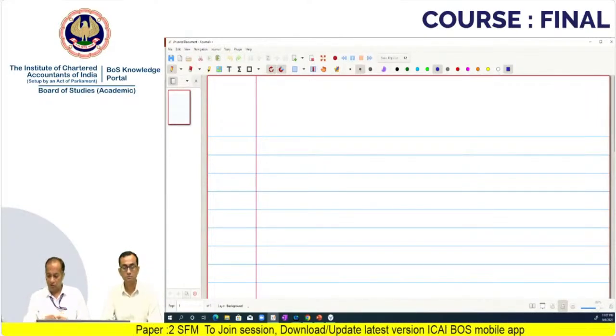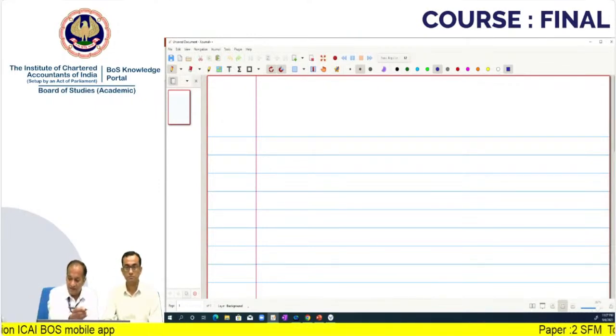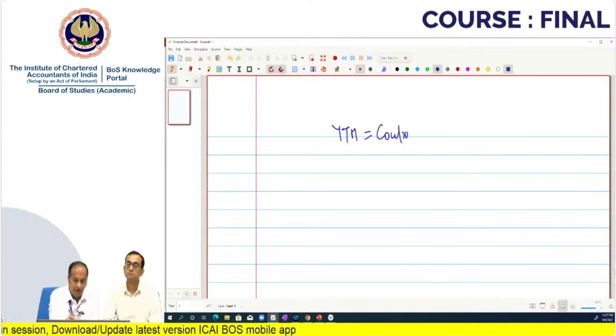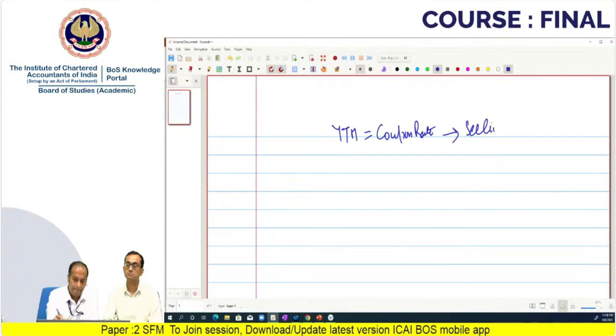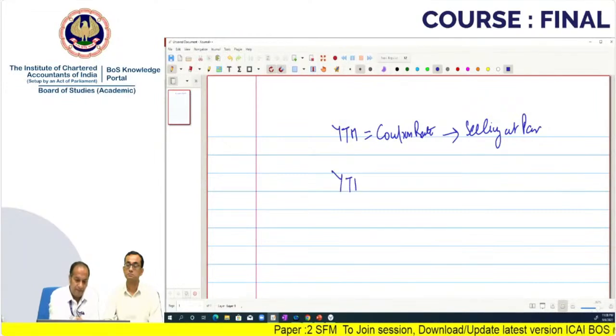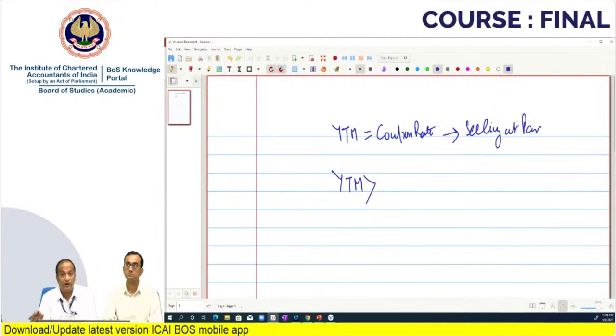On this basis, there are some theorems about the value of the bond. If the YTM is equal to the coupon rate, the bond must be selling at par. YTM is also the kind of expectation of an investor from the market.